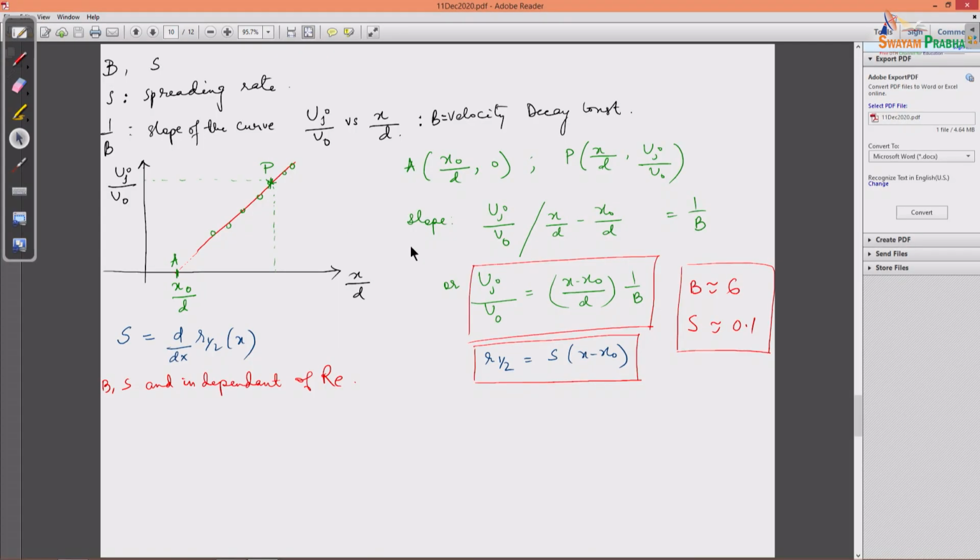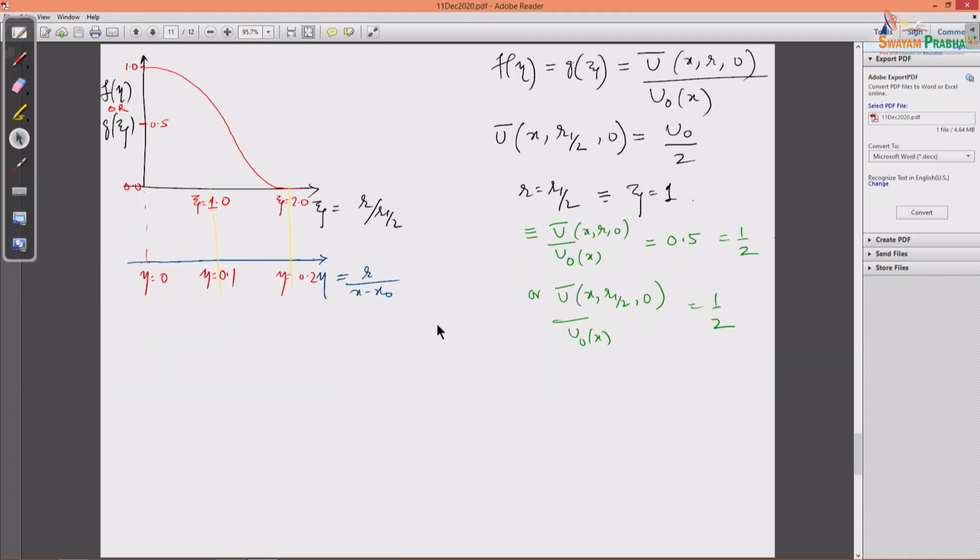We had done this earlier, so we were just re-looking at it. We said that B is equal to 6 and S is equal to 0.14, which has been verified by experiments in literature. We also looked at how these are self-similar.